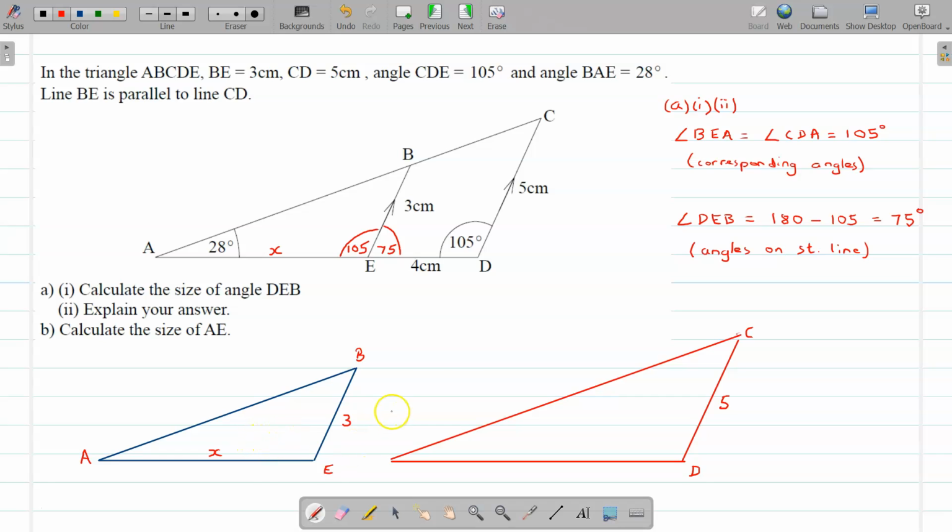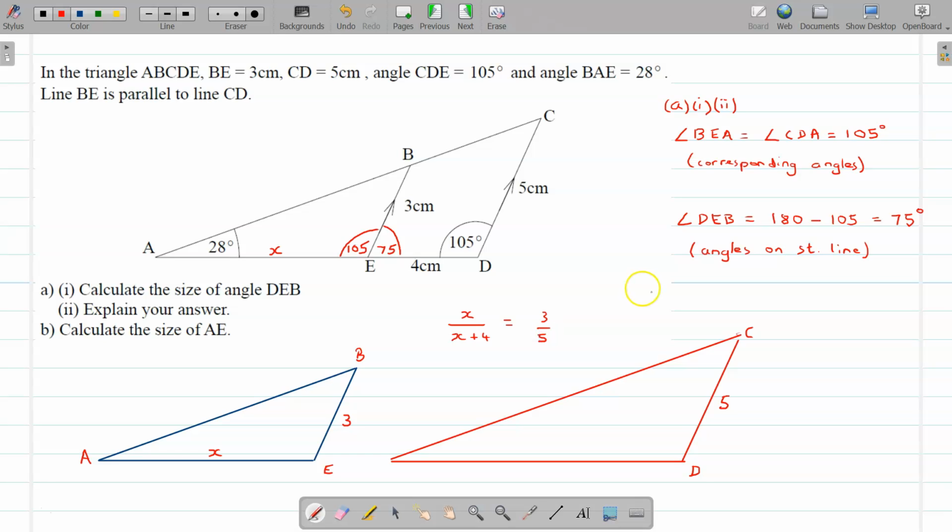So what I can say is that x, which is AE, over the total length of AD, which is x plus 4, must be the same as 3/5.